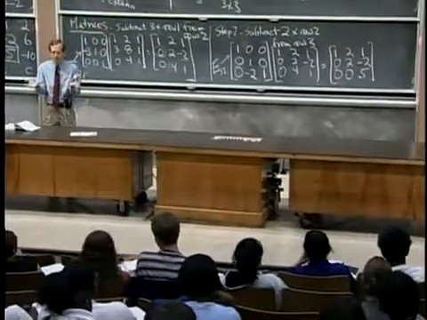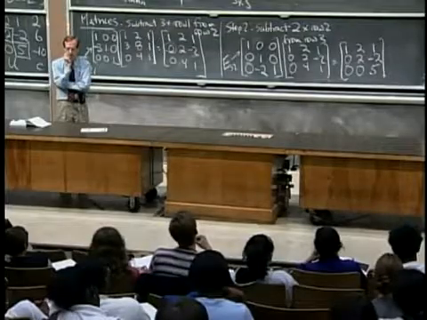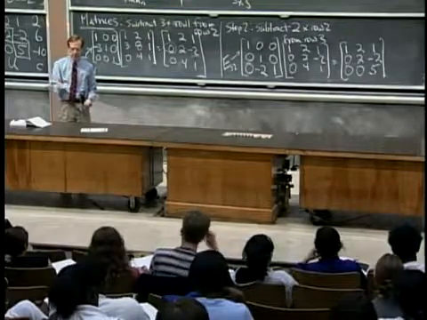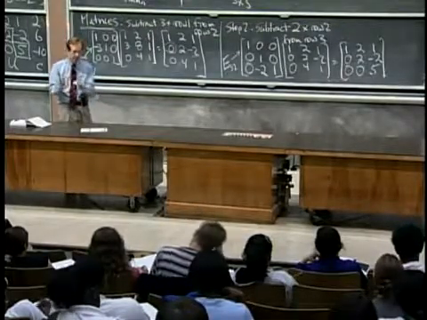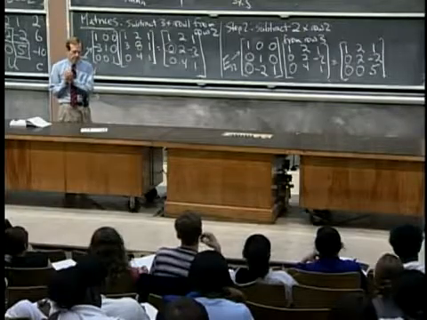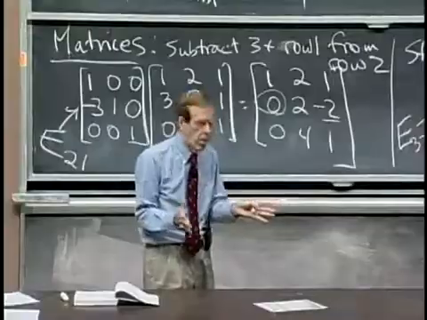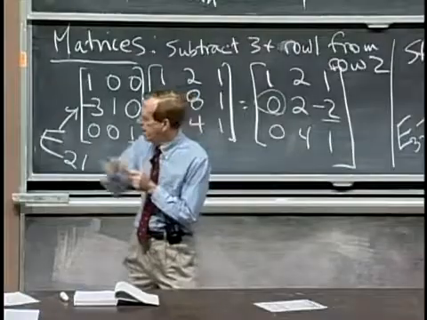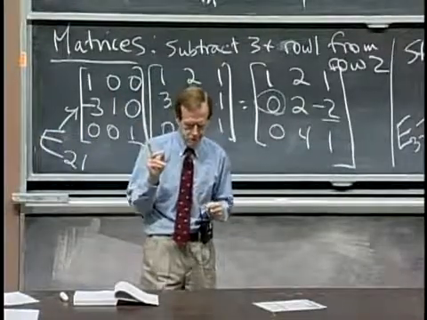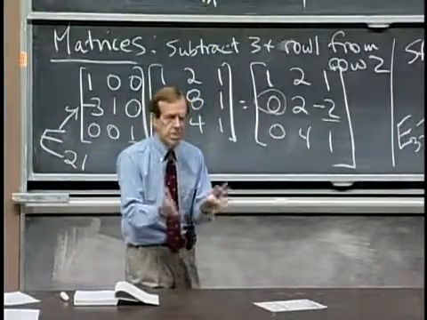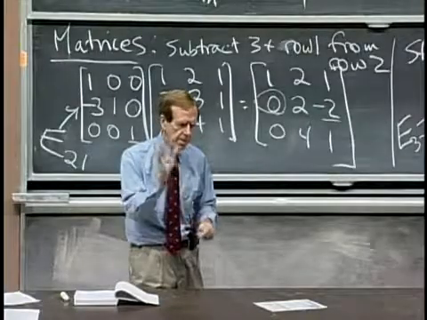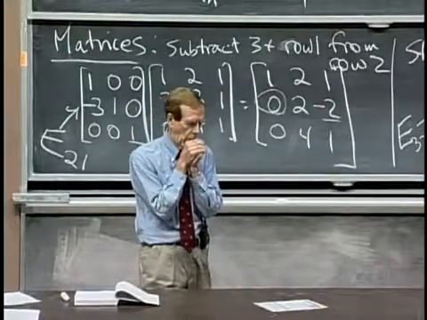So I've now given you the pieces: the elimination matrices, the elementary matrices that take each step. Now the next point in the lecture is to put those steps together into a matrix that does it all.